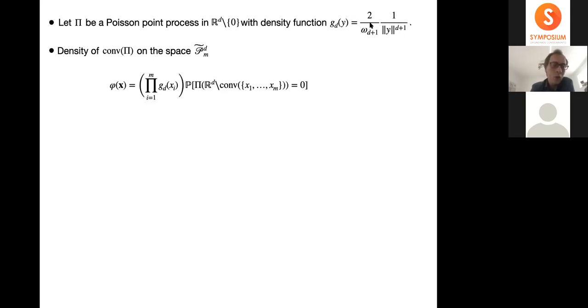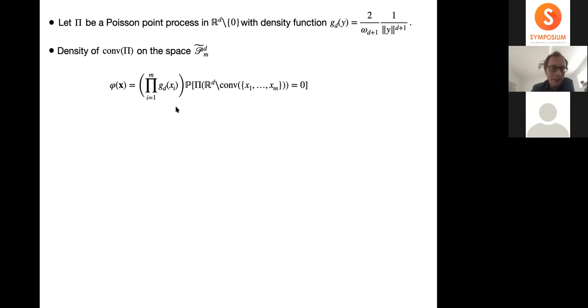Well, this already looks like the right thing, but let's compute the density of this convex hull. So the convex hull of this Poisson point process on this representation space of polytopes with m vertices. Again, you have to assume that all the vertices have different first coordinates, but with probability 1, this is satisfied anyway for our random polytopes because, well, this is just absolutely continuous.